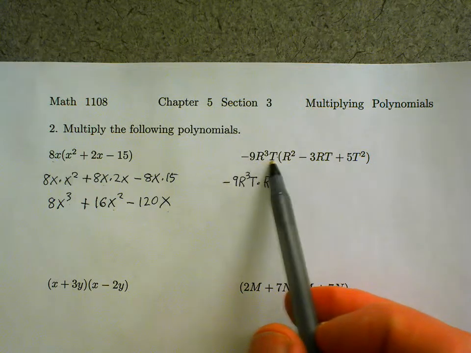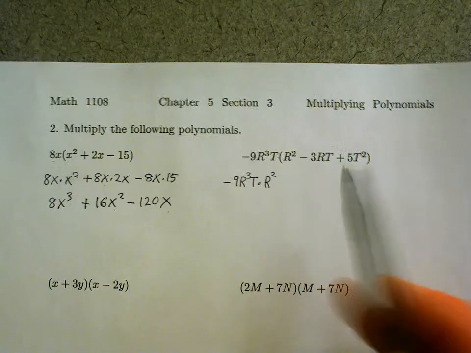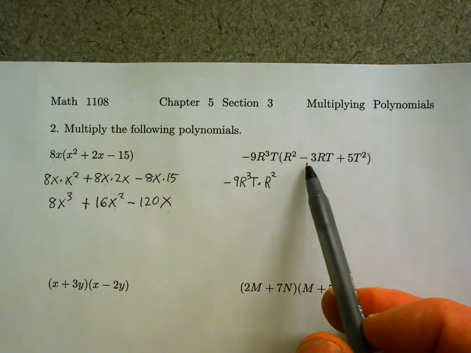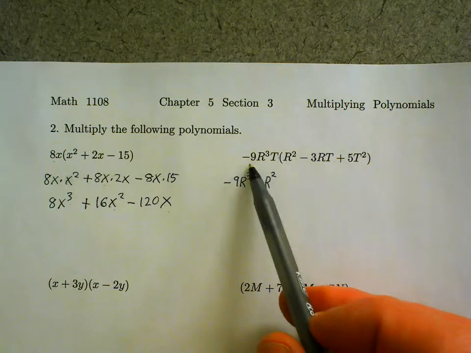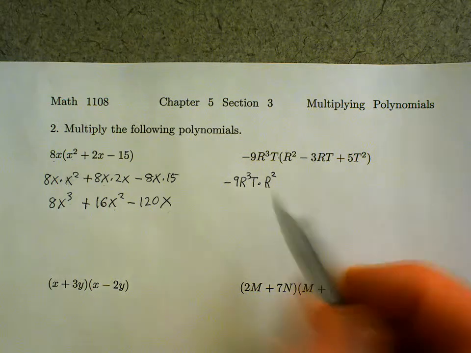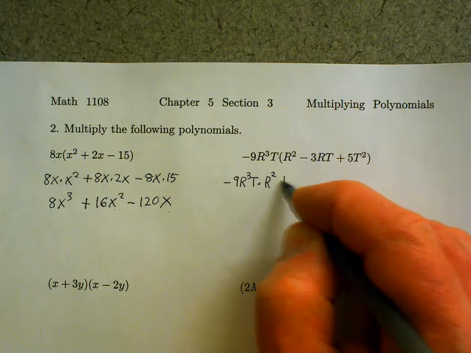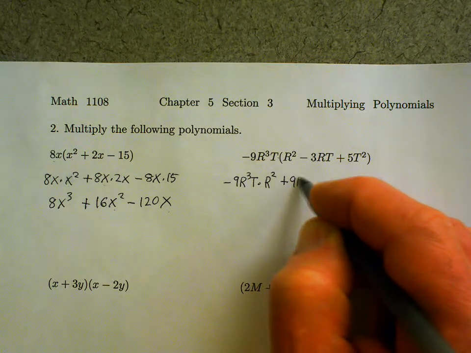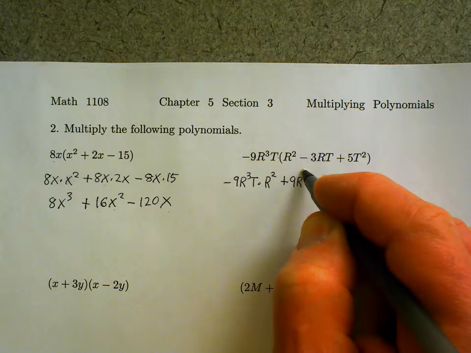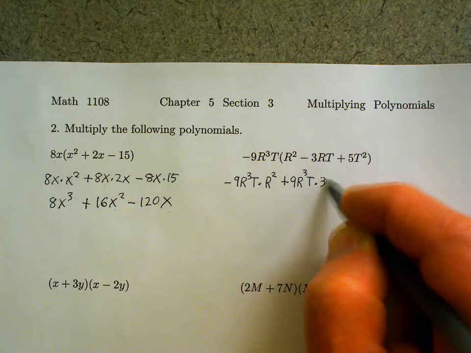And then negative 9r to the third t, you can think of that as a negative times a negative. And a negative times a negative is a positive, so I'll write plus 9r to the third t times 3rt.